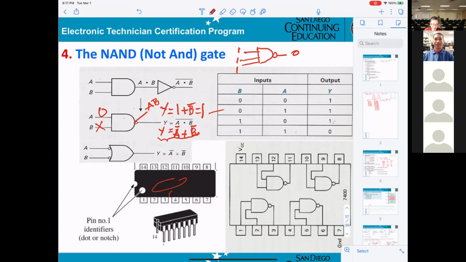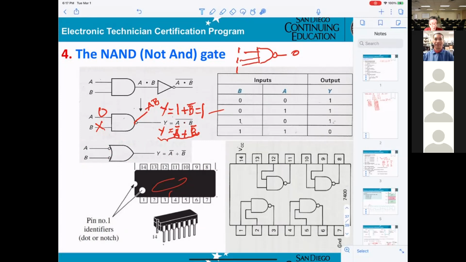Okay, now they give you another simple one right here. They put an inverter in the back here, but it works like a NAND.